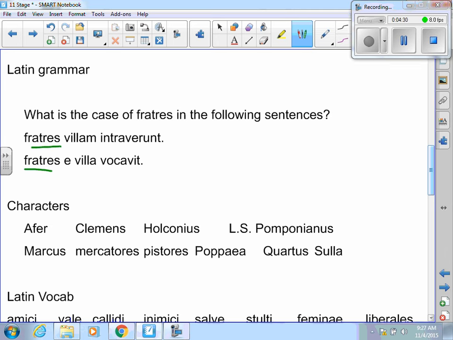Fratres is either nominative plural or accusative plural. We know that from the endings. Remember, we have i and os for the accusative, and then we have o and ae and is for the dative in the singular and plural.